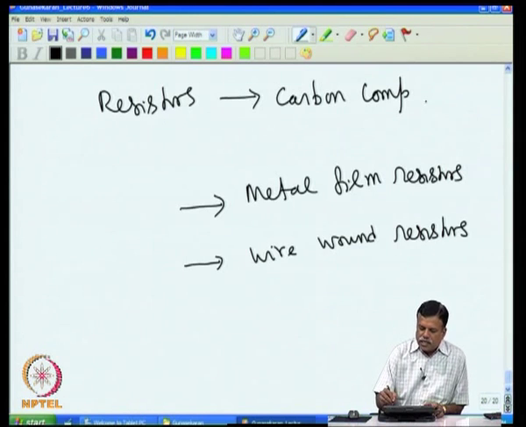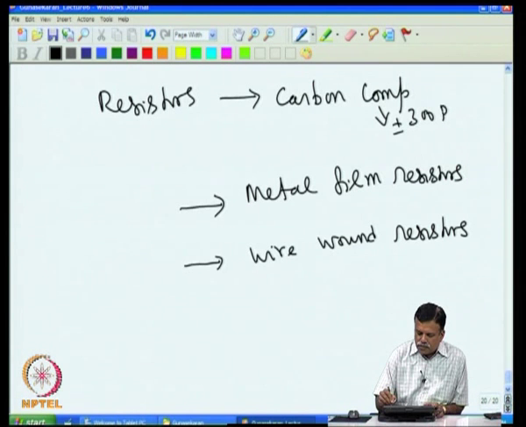Now if you look at the carbon composite resistors, the temperature coefficient is very high, you get plus or minus 300 ppm per degree C.